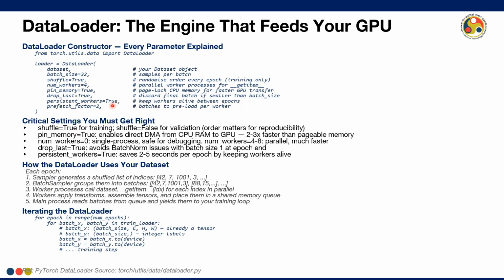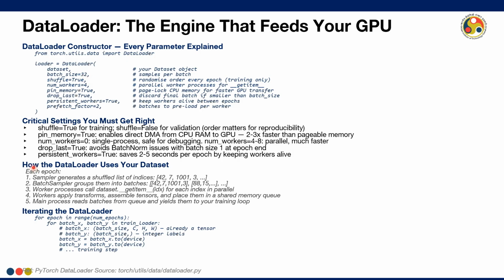Then we have persistent workers equal to true, which keeps workers alive between different epochs. And prefetch factor, which sets how many batches to preload per worker, so it will prefetch. Based on these parameters that we are initializing, your entire data loader will work.